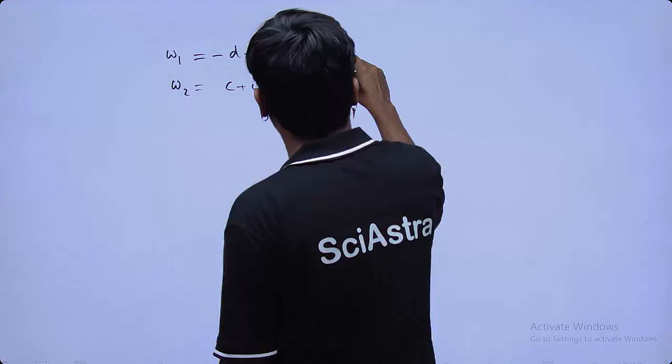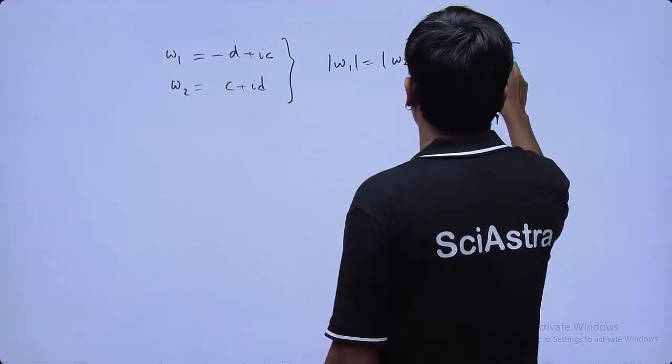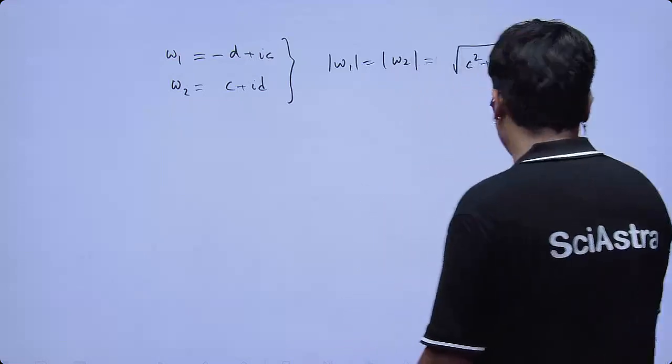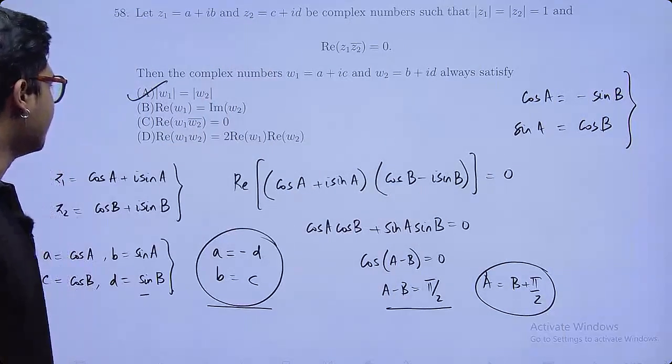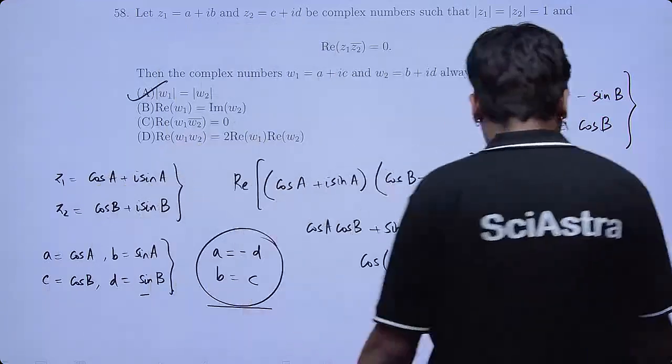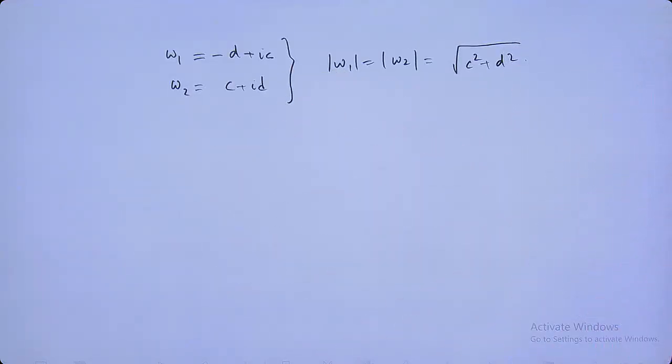Now, obviously from here we can say that mod of W1 and mod of W2 are both square root of c square plus d square, right? These two are the same. So option A is definitely correct, right? Real part of W1 is equal to imaginary part of W2. Is that correct? Real part of this is equal to imaginary part. No, right? They have opposite signs. Yes or no? So B is incorrect, right?